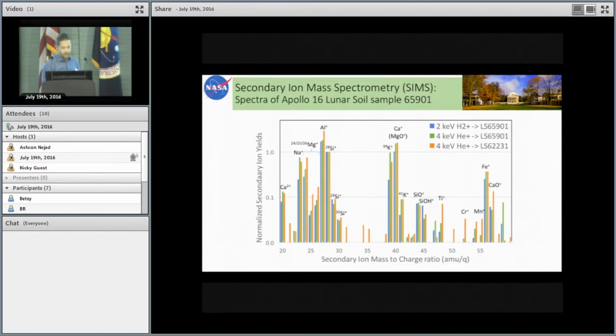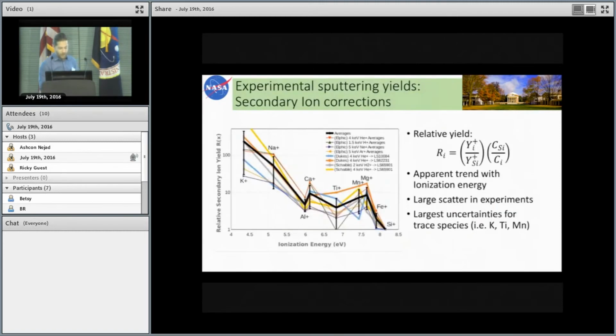And you can see here the atomic percent of silicon at the surface is higher than aluminum, but you see more aluminum ions. Why is that?